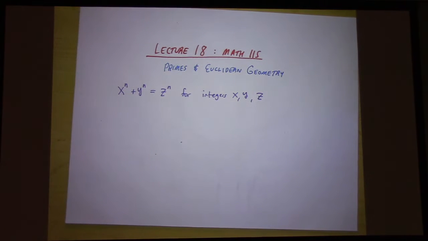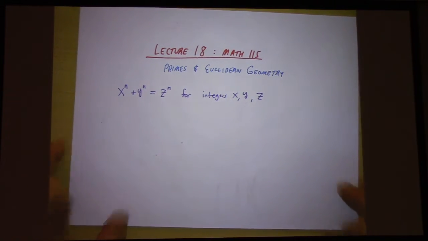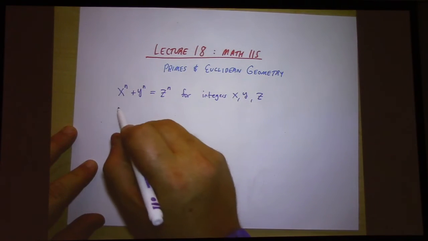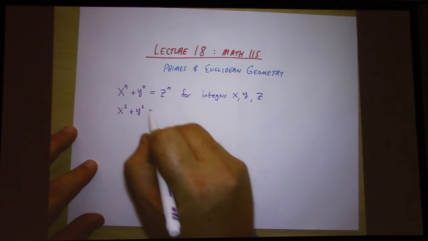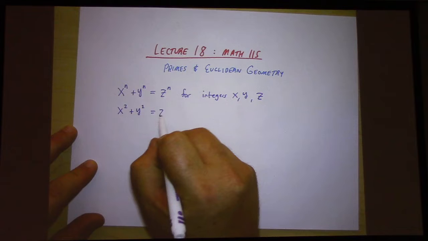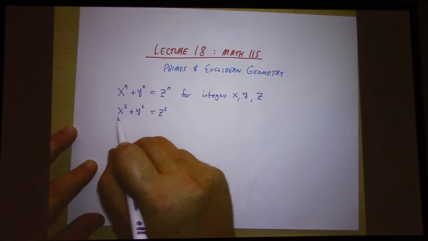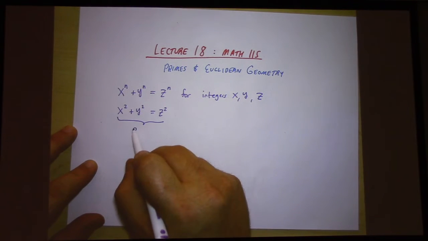This equation has been studied for a long time. When n equals 2, there are all kinds of solutions known. In fact, that has somewhat to do with what we're talking about today with Euclidean geometry. If you have x squared plus y squared equals z squared, a set like this is called a Pythagorean triple.